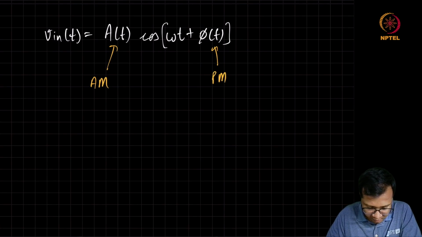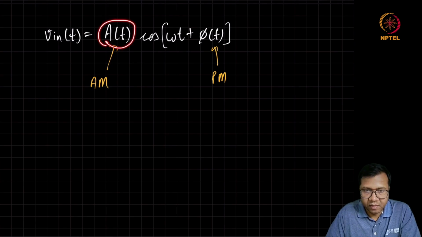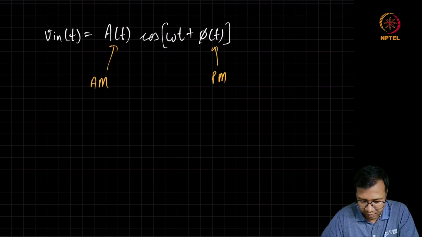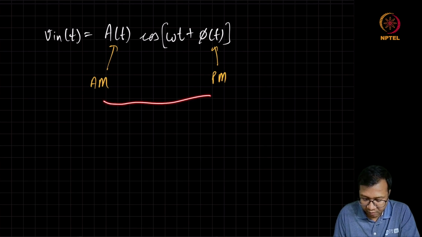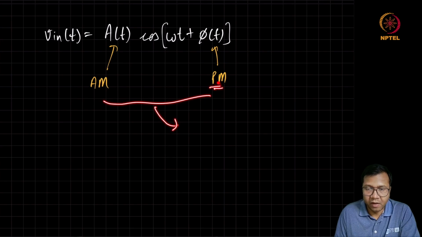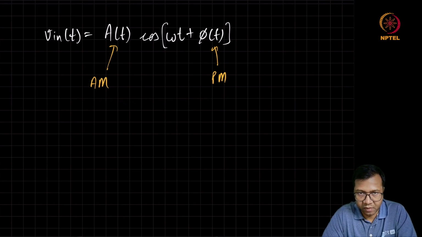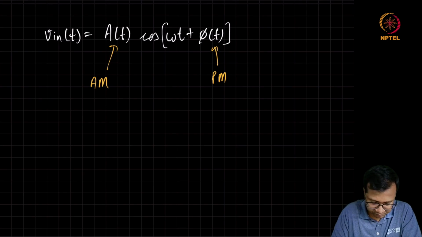Now we know that a switching power amplifier will completely ignore this AM part. If such a signal is fed to a switching PA, then the output will only contain the phase modulated information. The envelope or the AM information is going to be completely lost.